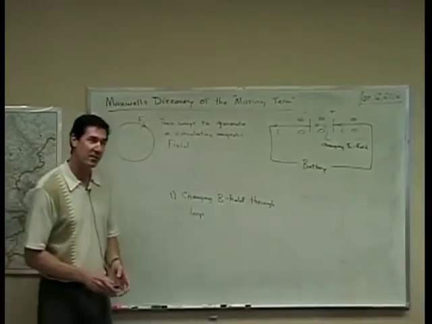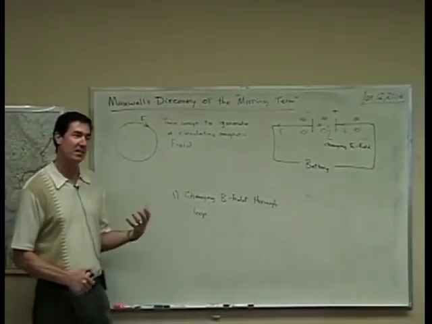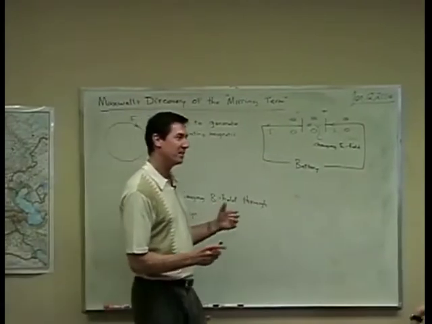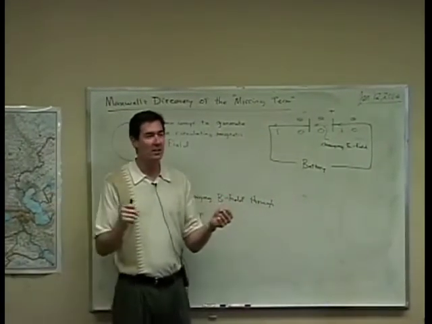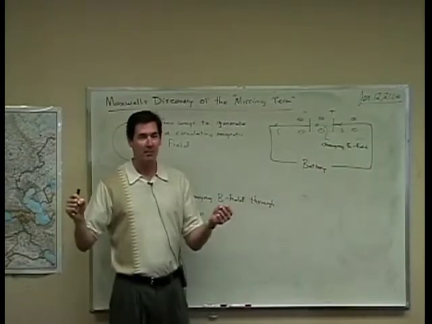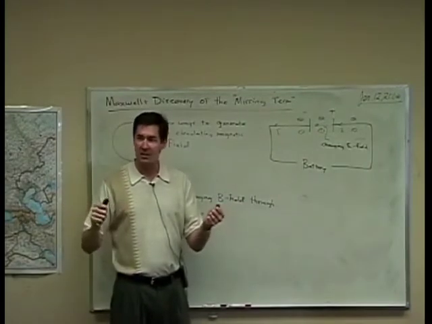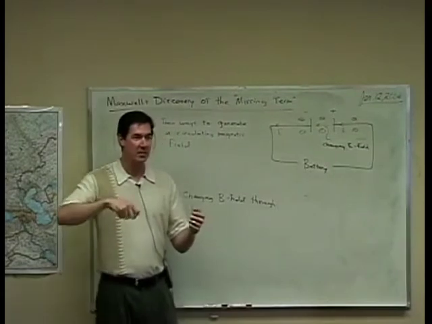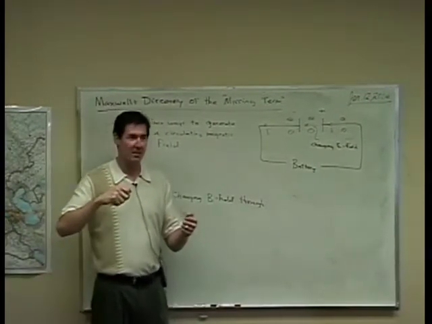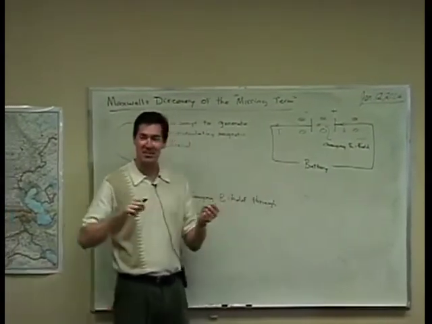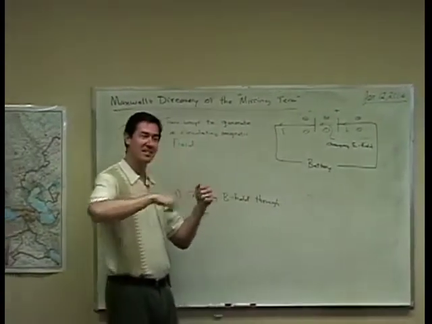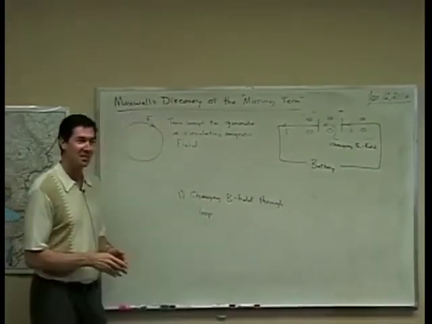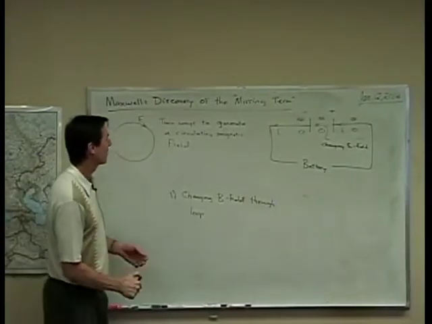Okay, but we have the two ways of creating the circulating magnetic field, and Maxwell has discovered the second. And so what he has discovered is, we already knew that a changing magnetic field generates an electric field circulating around it. Now he's shown the opposite, that a changing electric field generates a circulating magnetic field.